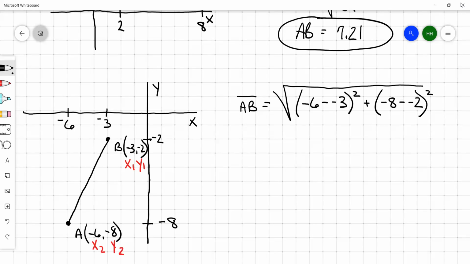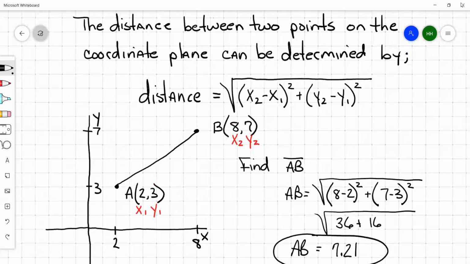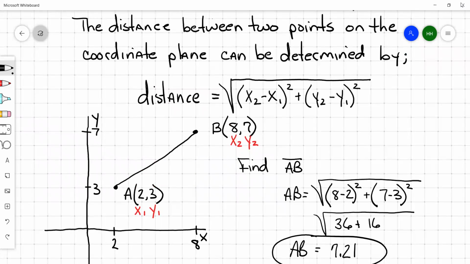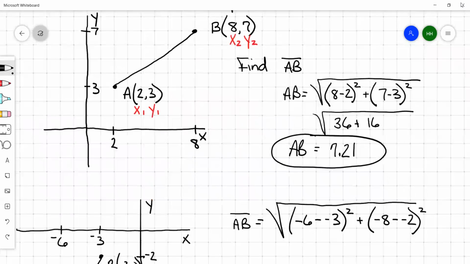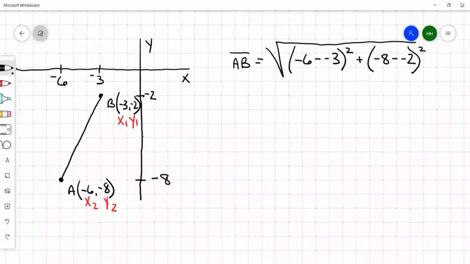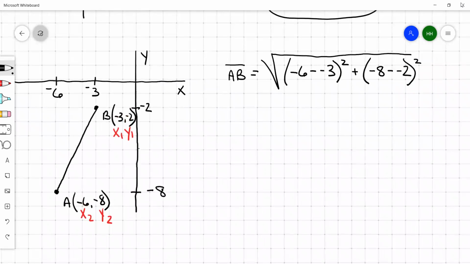Now, when you're subtracting a negative, look, this formula calls for subtraction. X sub 2 minus X sub 1 and Y sub 2 minus Y sub 1. Make sure that if your coordinates are negative, you are subtracting a negative.